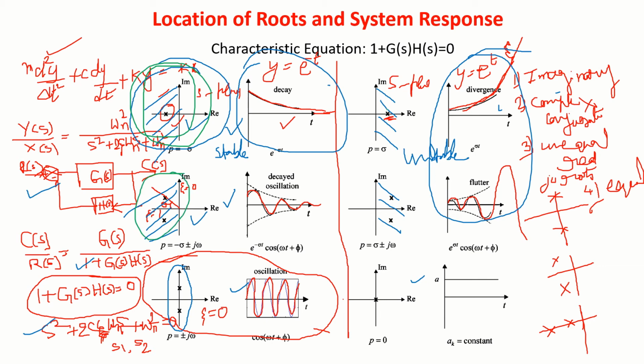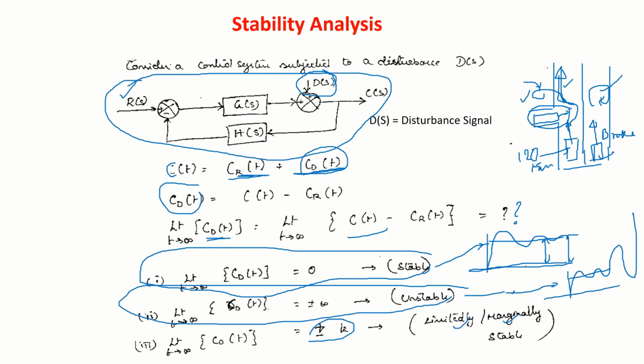If the roots lie on the right hand side of the S plane, the system will become unstable. If the roots are on the imaginary axis or at the origin, you will get a constant output, but depending on the user, you can decide whether it's limitedly or marginally stable. This can be interpreted as stable or unstable depending on the user's requirement. Right.